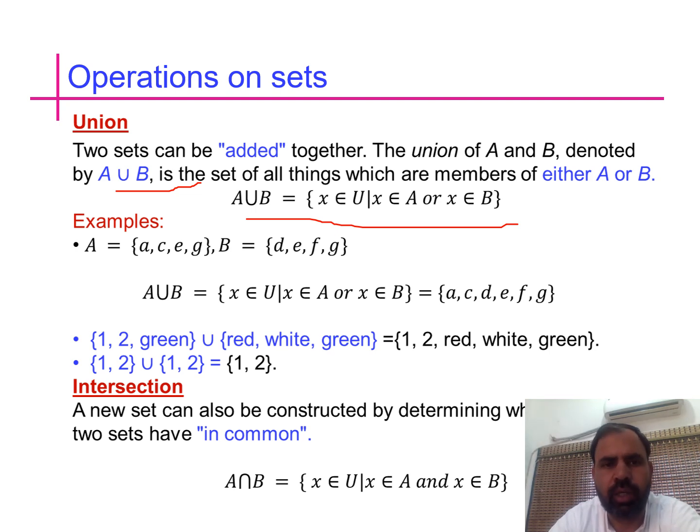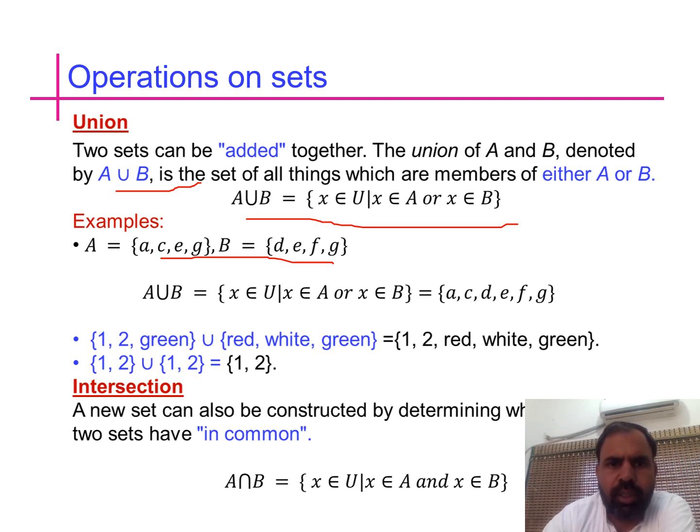For example, if A is equal to {A, C, E, G} and B is equal to {D, E, F, G}, then A union B is equal to {x belongs to U, where x belongs to A or x belongs to B}. It means both A, C and from B, D, E, F and G. We have to be careful about the order of the elements; we write them in ascending order, especially.